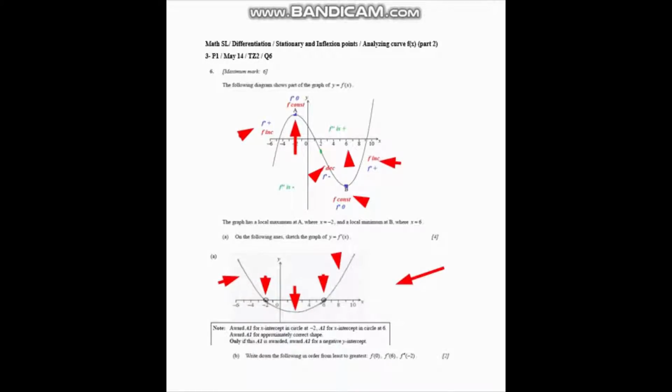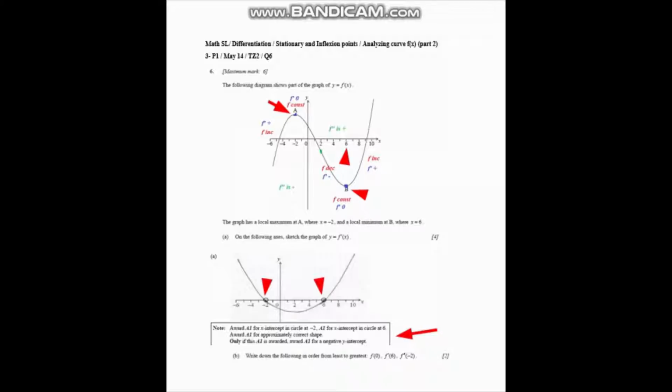I've also attached the marking scheme instructions of grading so that you know what the marks are for. There are 4 marks in this question. You receive a mark for circling the first x-intercept corresponding to the stationary point at x equals negative 2. Second mark for circling the second stationary point, x equals 6.